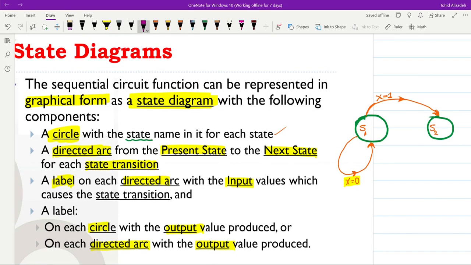If we assume that the output for this example depends only on the state, then the output will be shown in this way. For S1, if I assume that we have a single output, whenever we are in S1, the output will be equal to 0, and whenever we are in S2, the output will be equal to 1. In this case, you can see that the output doesn't depend on the input, so it depends only on the state, and we can show it inside the state.